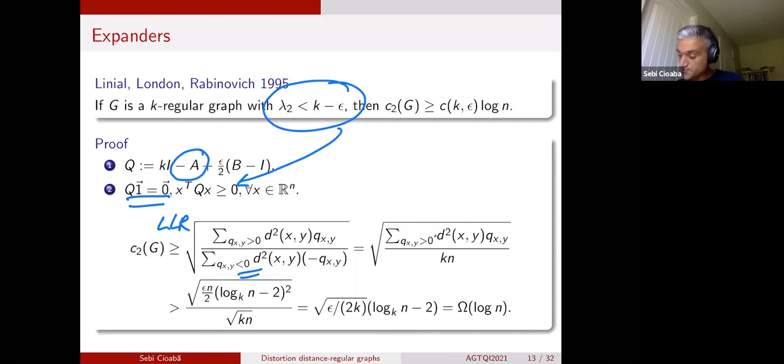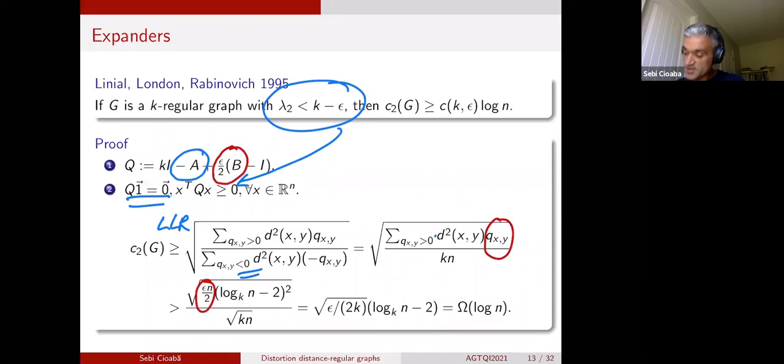And on the top, you're going to get this d squared of xy times Q of xy. But now the Q of xy that are positive here are going to come from this epsilon over 2 times B. So those entries are going to be epsilon over n.